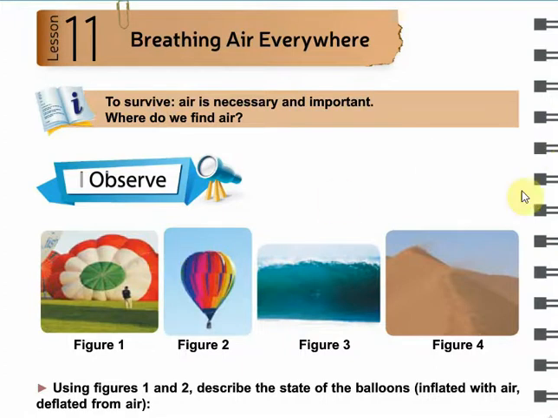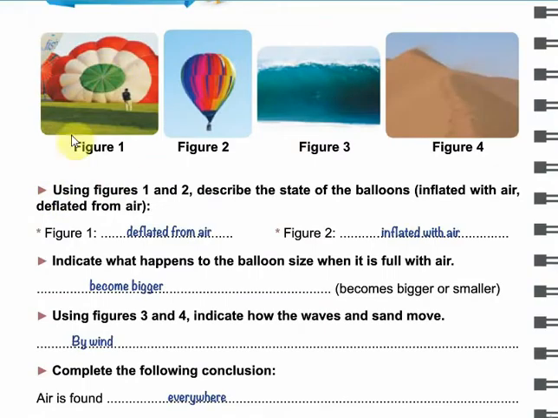We have here 4 figures. By using figures 1 and 2, we are going to describe the state of the balloons, if it's inflated with air or deflated from air. We can say that the balloon in figure 1 is deflated from air, while that in figure 2 is inflated with air.